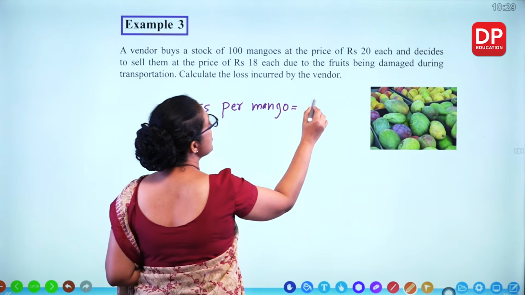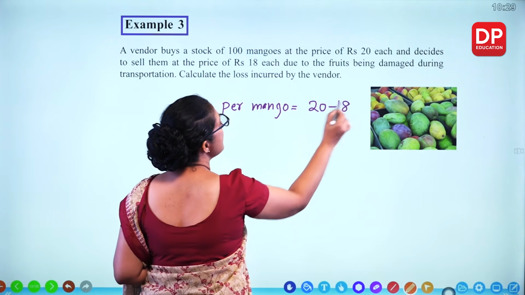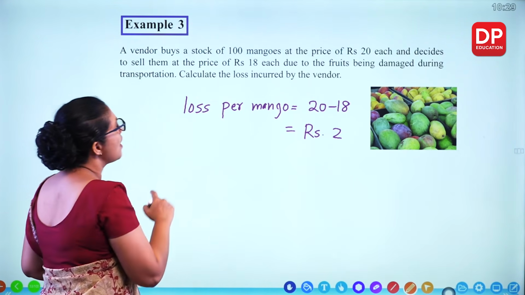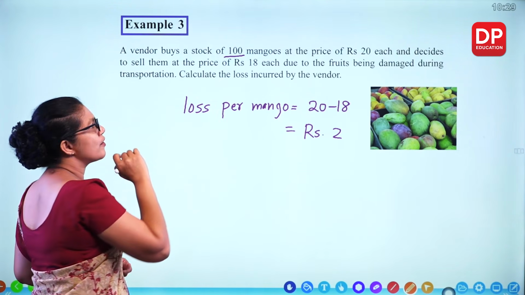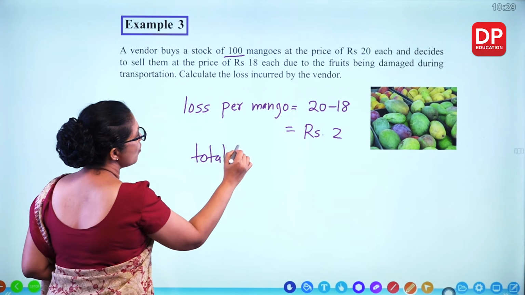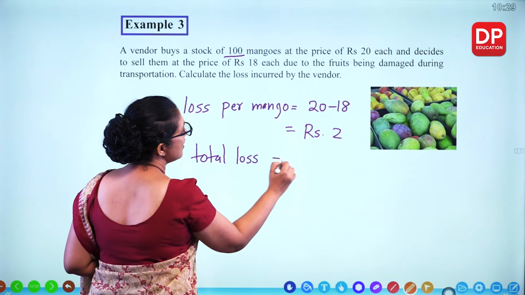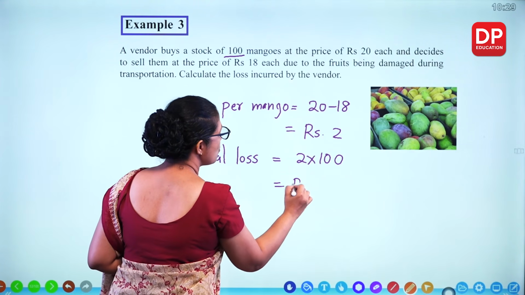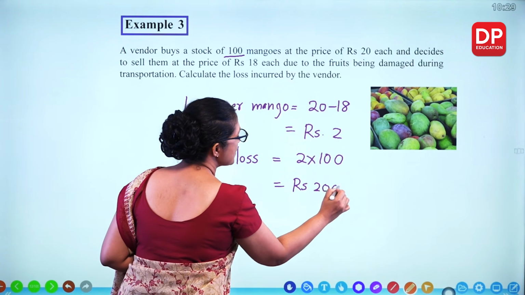That's the difference. 20 minus 18, that's 2 rupee loss. But there are 100 mangoes. So what's the total loss? Total loss is 2 times 100. That's 200 rupees.